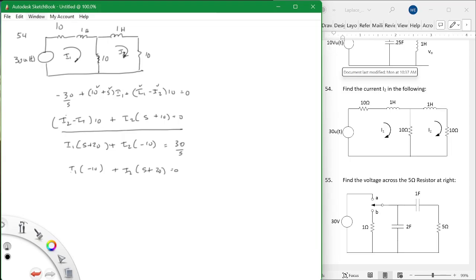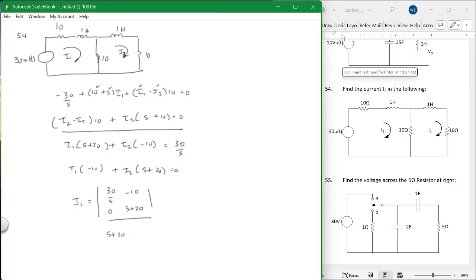So what is I1? Well, you take this 30 over S and 0, and you take the minus 10 and the S plus 20, and that's your numerator. That's your determinant. This is called a determinant in the numerator, okay? And it is 30 over S times S plus 20 minus 0. And then the denominator, it's what?